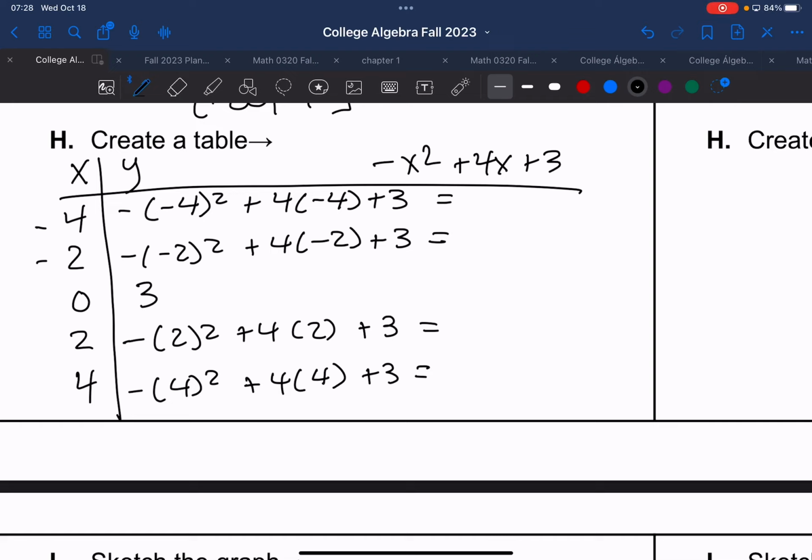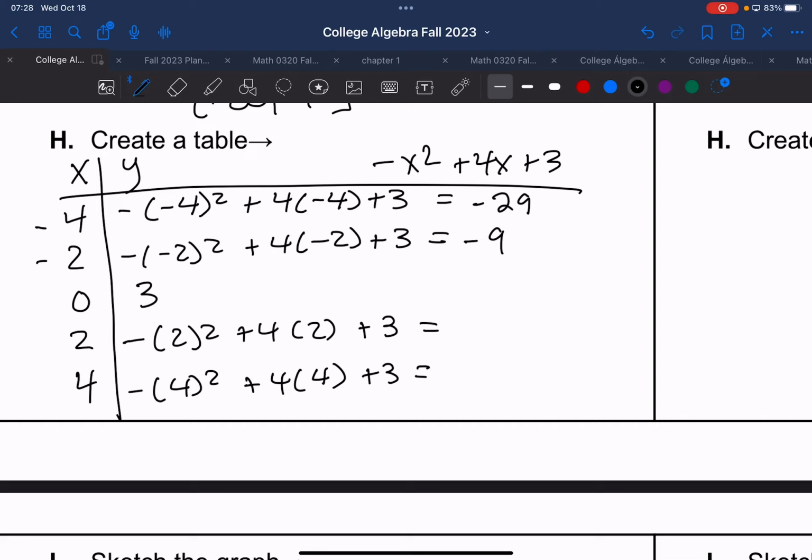So the first one should have got negative 29. Then negative 9. We already knew the y-intercept, so that's why I just wrote 3.